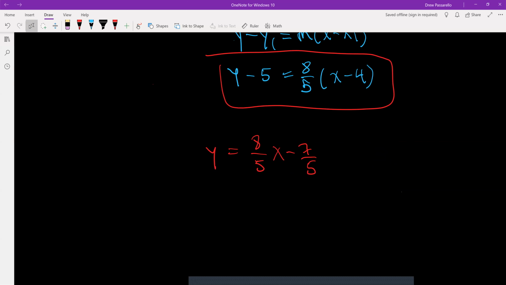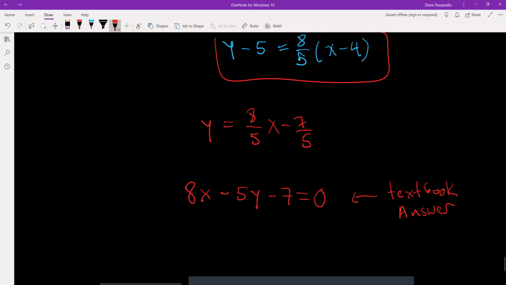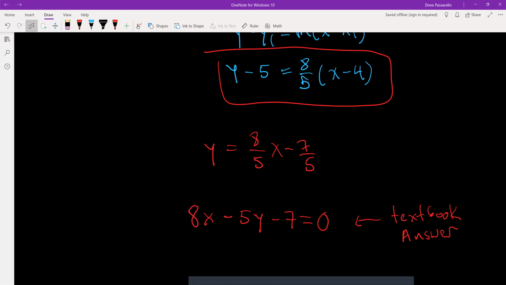The textbook goes further, rewrites this into general form, and in general form, it turns into 8x minus 5y minus 7 equal to 0. The textbook's a little inconsistent. Again, I'm fine with all three formats.